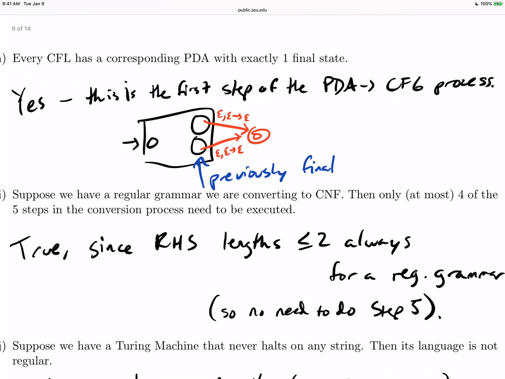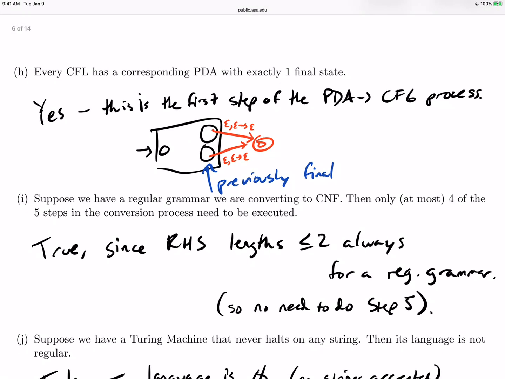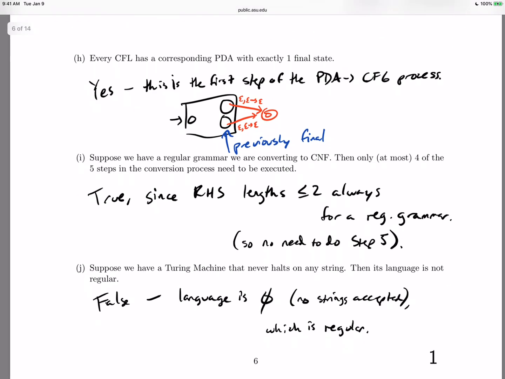Okay, H is basic. I wanted you to understand that this is just the PDA to CFG process, basically the first step in doing it, where you had some number of final states and you add an epsilon transition from all of them to a single new one. So that one was pretty simple.